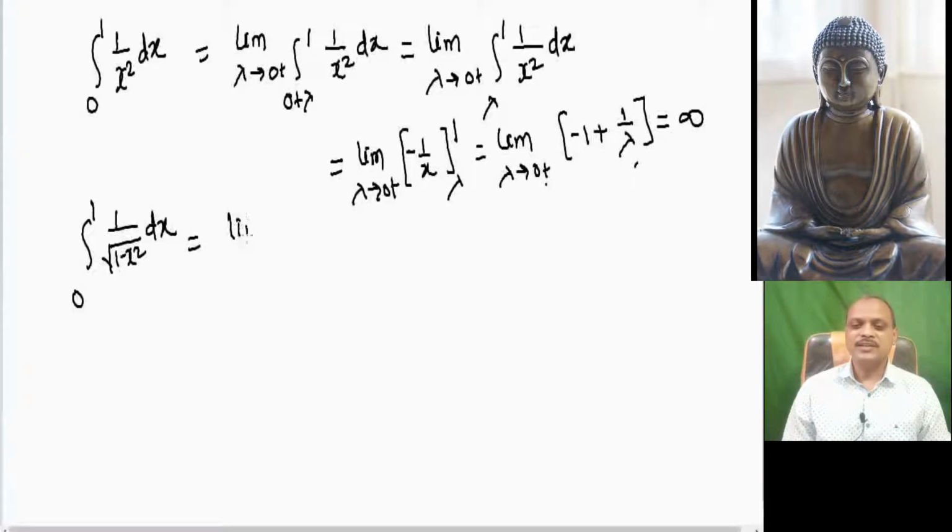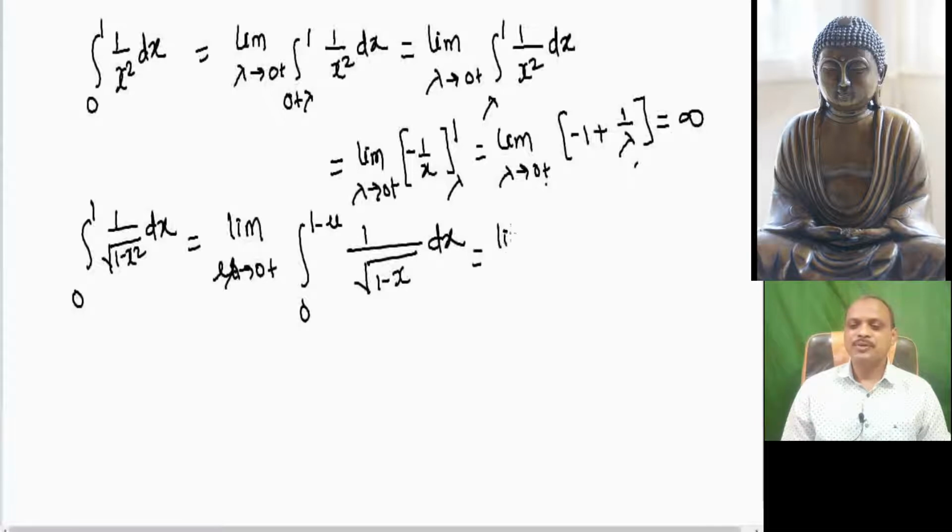So we write it as limit mu tends to 0 from right, integration 0 to 1 minus mu of 1 divided by under root of 1 minus x dx, equal to limit mu tends to 0 from right of the integration of 1 divided by under root of 1 minus x, this will be minus 2 into under root of 1 minus x between the limit 0 to 1 minus mu.